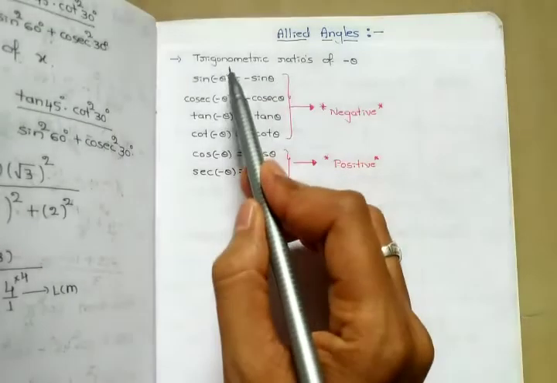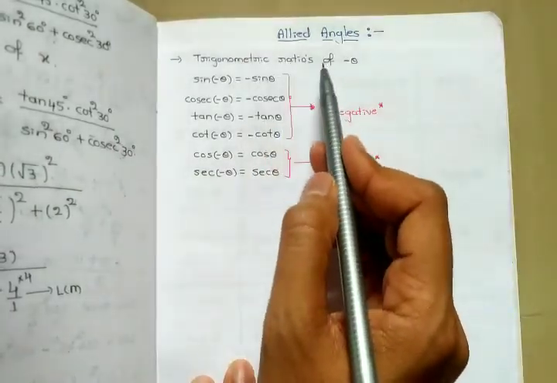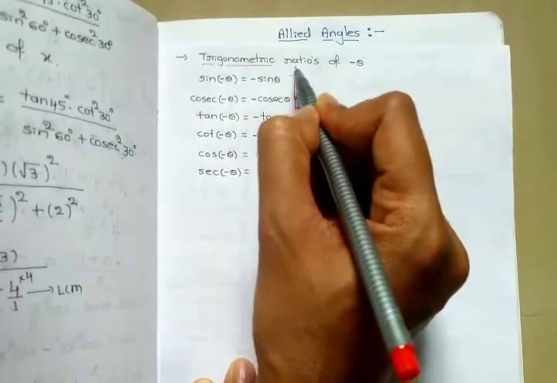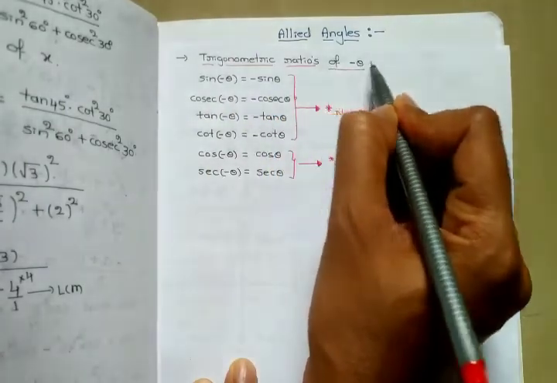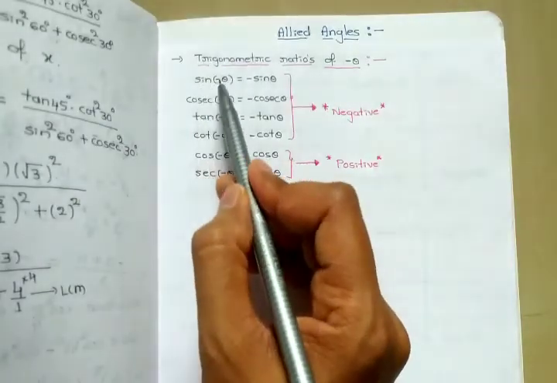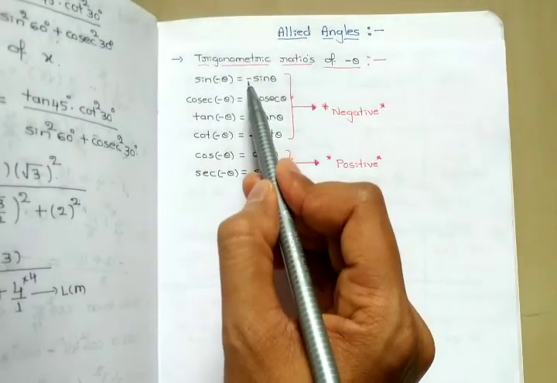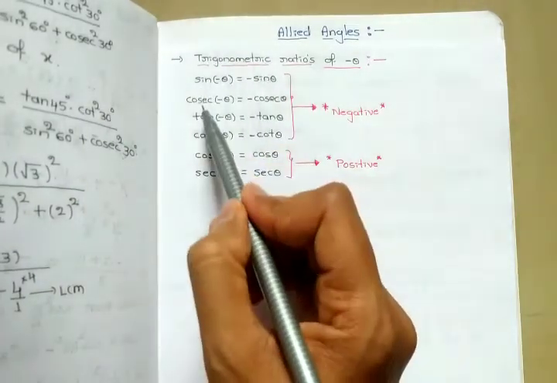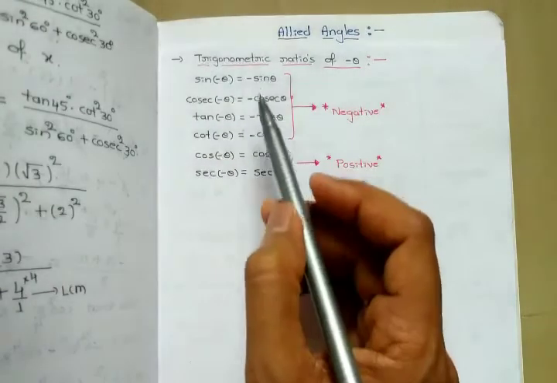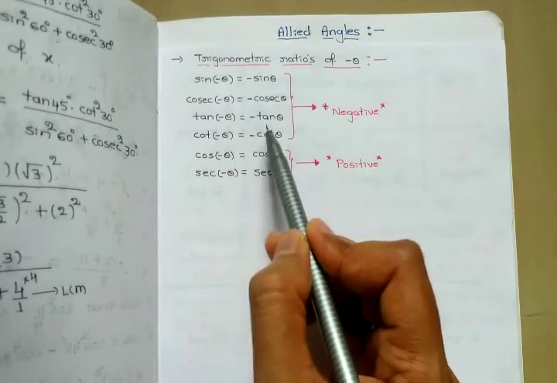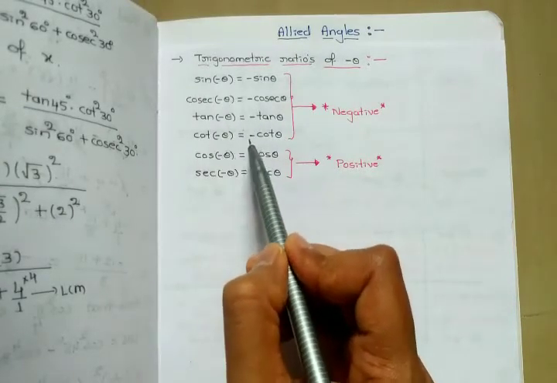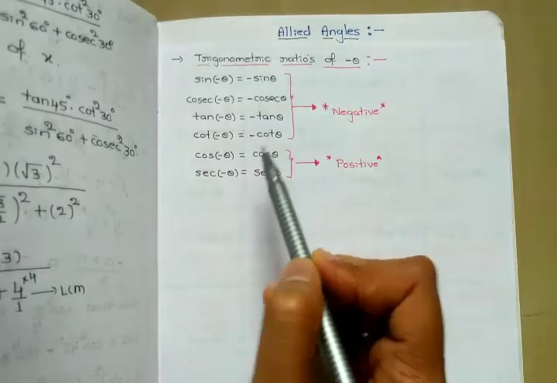Next, trigonometric ratios of minus theta. So next one is trigonometric ratios of minus theta. So here you can see sine of minus theta, answer is minus sine theta. Cosec of minus theta is minus cosec theta. Tan of minus theta is minus tan theta. Cot of minus theta is minus cot theta.